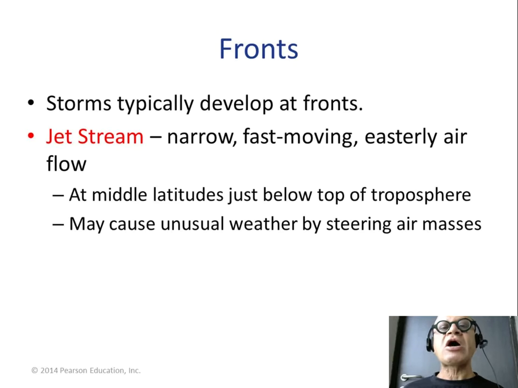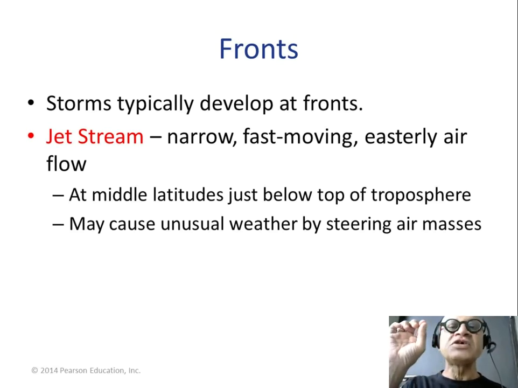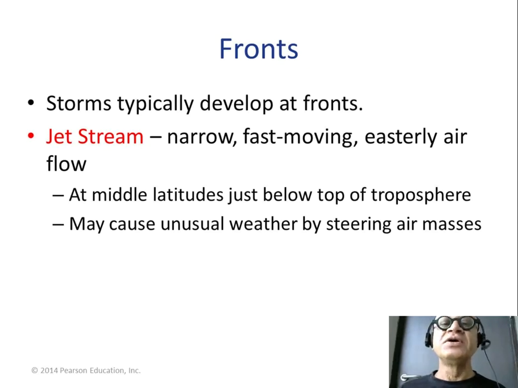We mentioned how the upper branch of the Hadley cell, Ferrel cell, and so on are affected by the Coriolis, and they have to turn east because they are going north to the right of the direction of motion. So this ends up with these narrow, fast-moving air in the upper atmosphere, about 6 to 8 kilometers, depending on whether it's the subtropical jet stream or the polar jet stream.